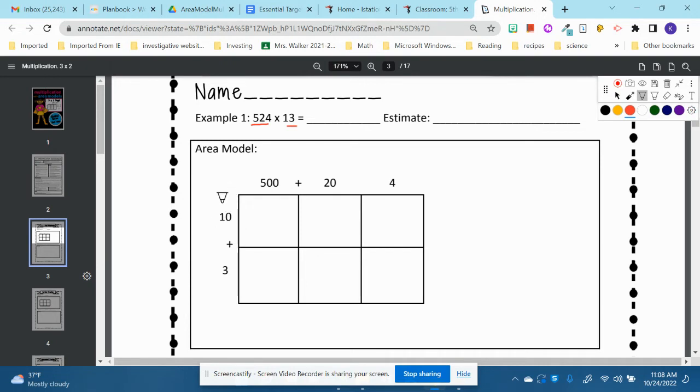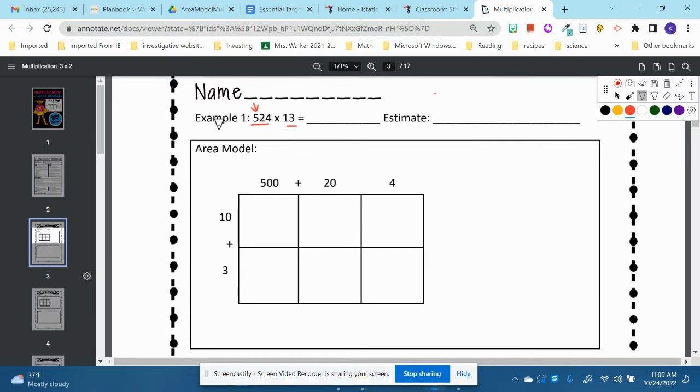Then I place each place value. The 5 is really what? 500. The 2 is really what? 20. And the 4 is really what? 4. The 1 is what? 10. And the 3 is 3. If I added those together, what's 10 plus 3? 13.